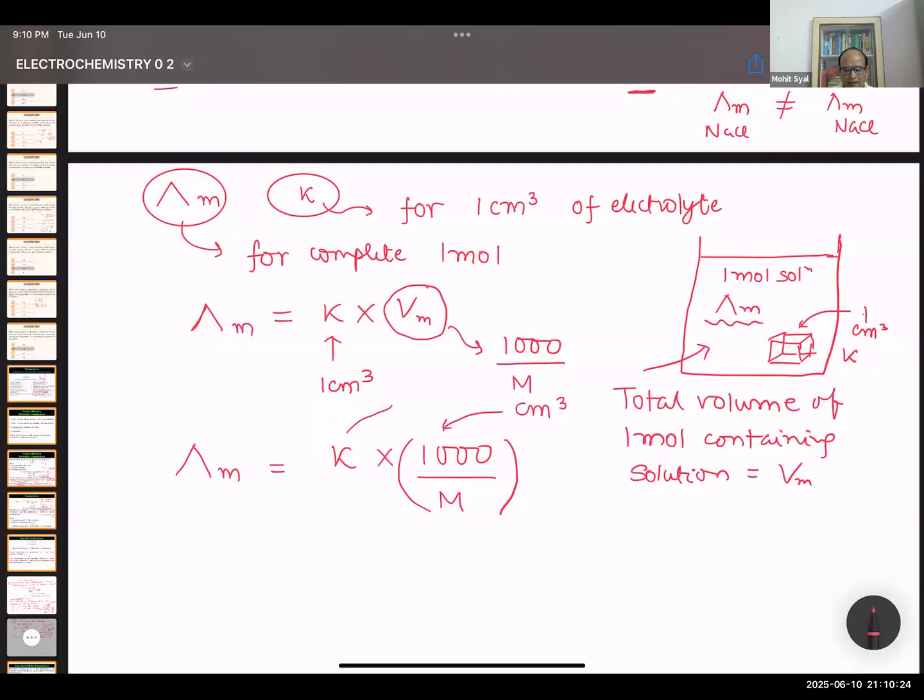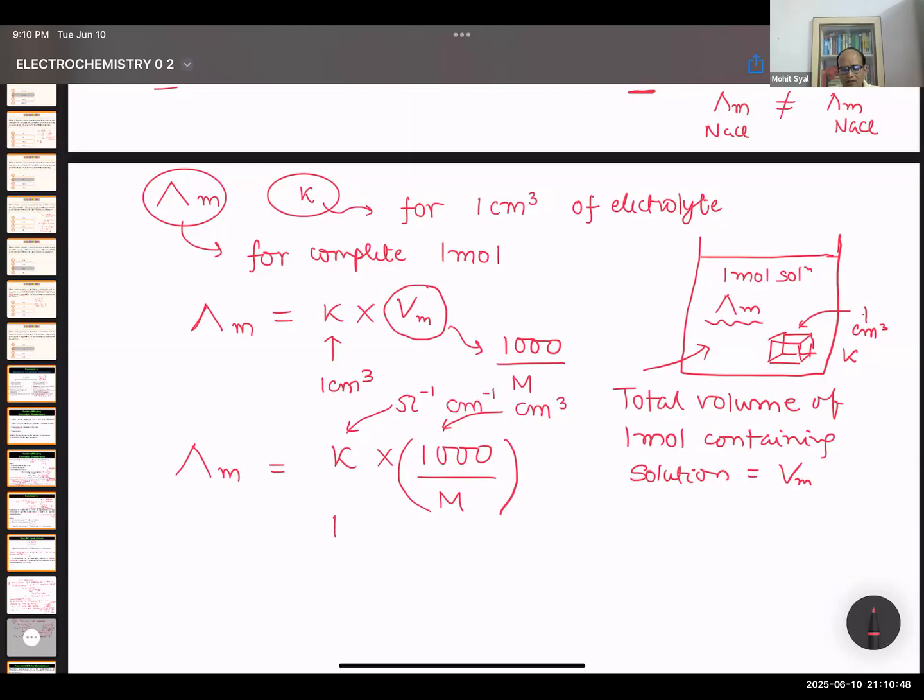And the kappa, as I told you, conductance is 1 upon ohm or per ohm into cell constant. Cell constant is L by A, centimeter by centimeter square, so per centimeter.